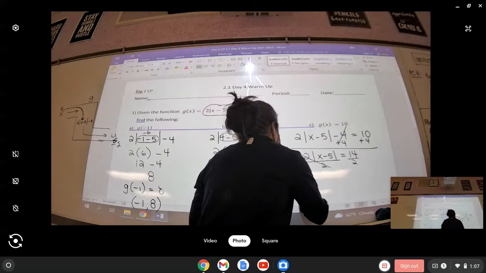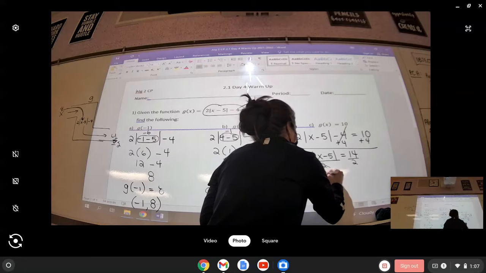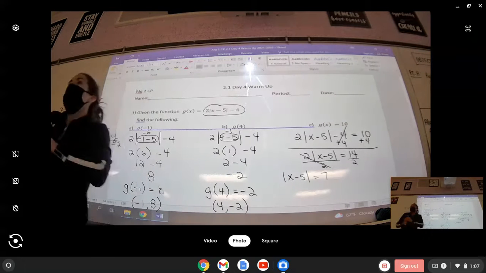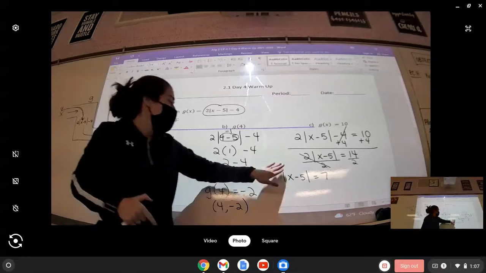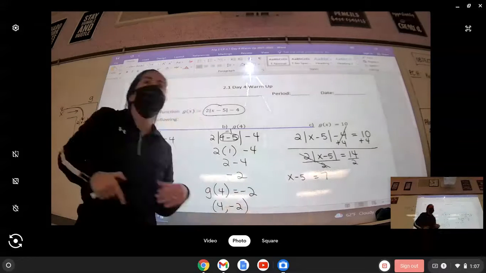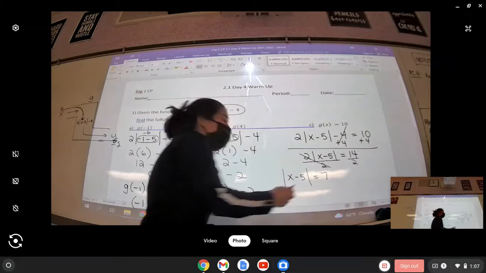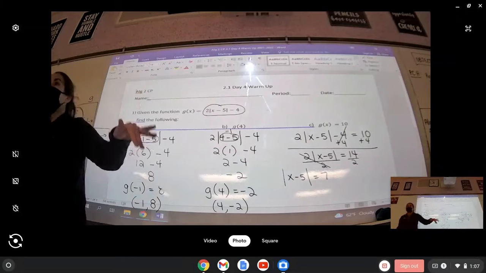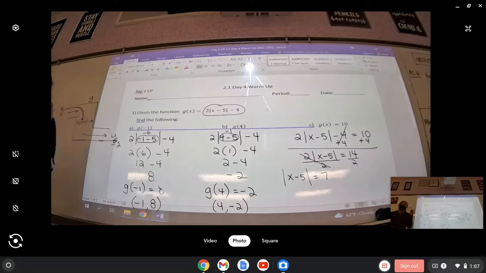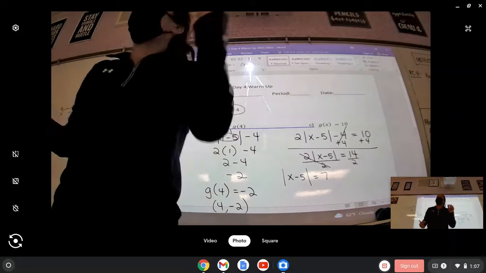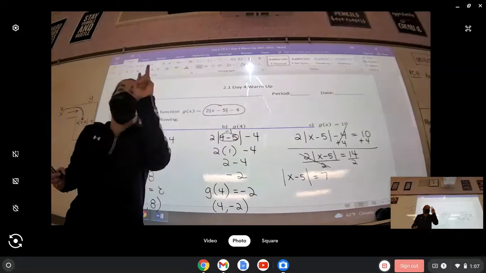And then look what you're left with. The absolute value of x minus 5 has to equal 7. Guys, if I just wanted you to solve x minus 5 equals 7, there would be no need for those bars. These bars are here to tell you that it's not just one equation. If you are solving an absolute value problem, then most likely how many equations are there going to be? 2.